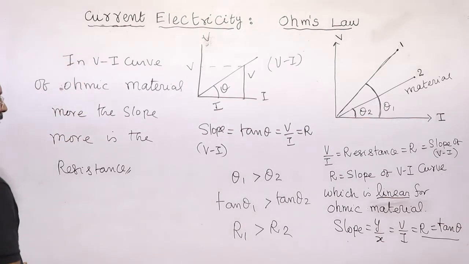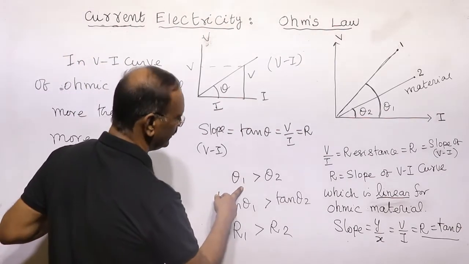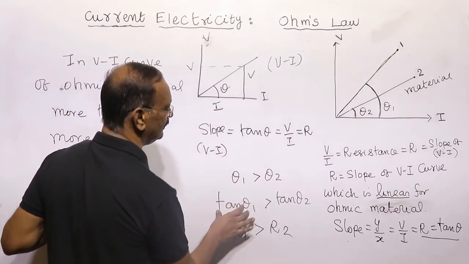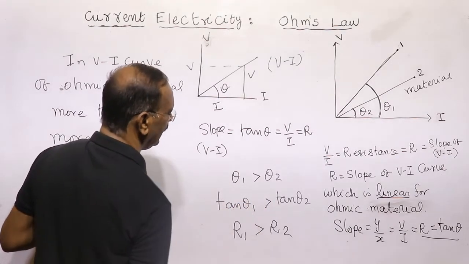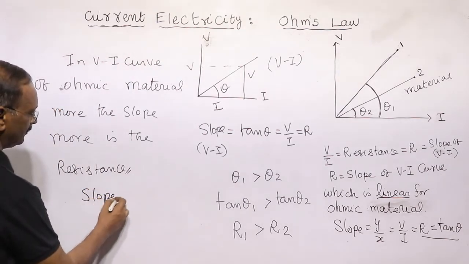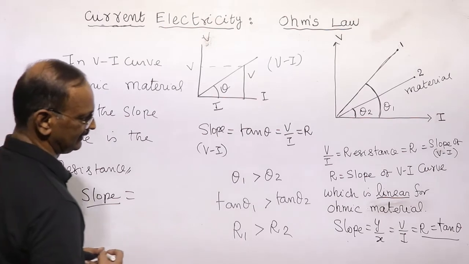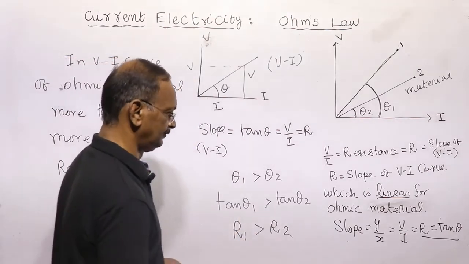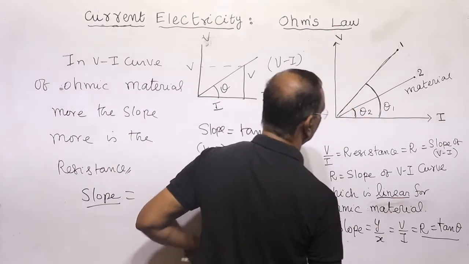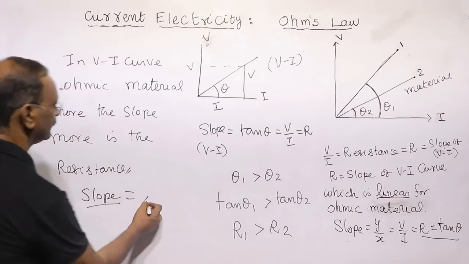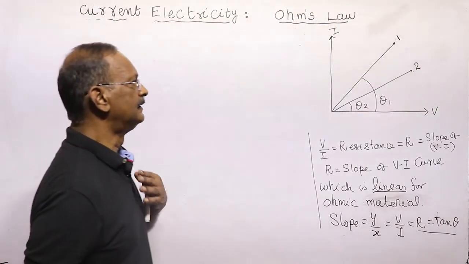The more the angle, the more the value of tan theta, and the more is the slope. Slope is equal to tan theta. More is the slope, more is the resistance.